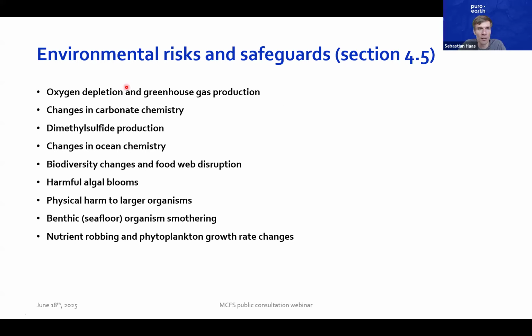So starting with this first point, oxygen depletion and greenhouse gas production, what this refers to is if you have a lot of microalgae growing, as you would have in this technology, microalgae in the first place produce oxygen, but they could, in theory, be degraded by microorganisms that use up oxygen, and that can cause a strong decrease in oxygen under some circumstances.